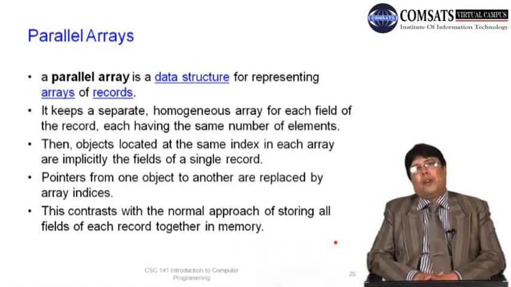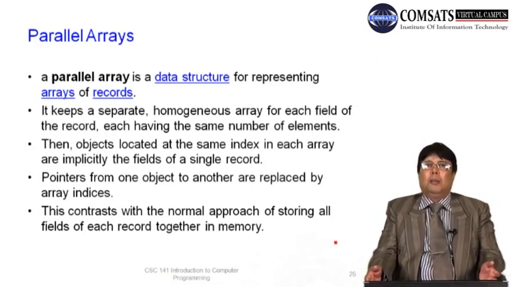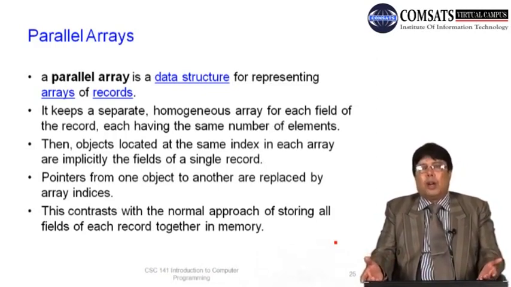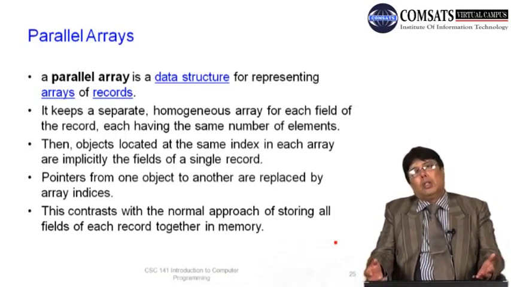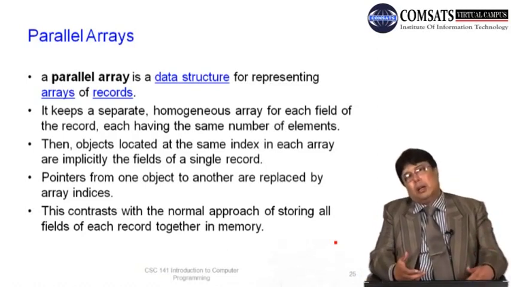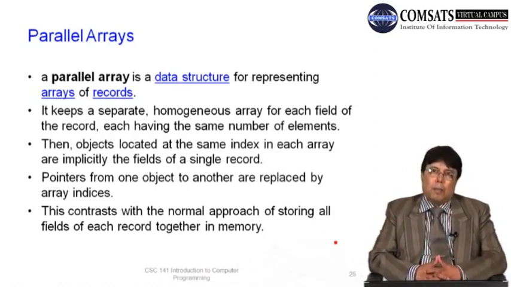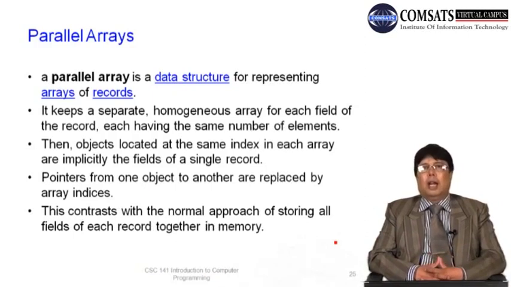If you want to define an array that should contain all of these data elements such that each row of the array represents one record, that is not possible, because some data is character, some is numeric, some is decimal. How can you handle that?